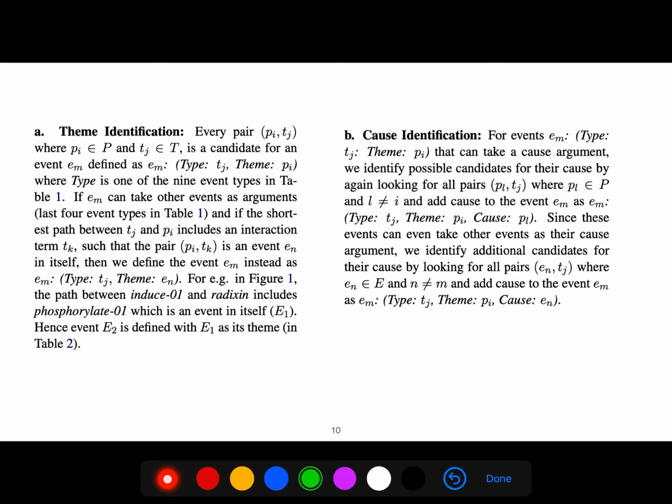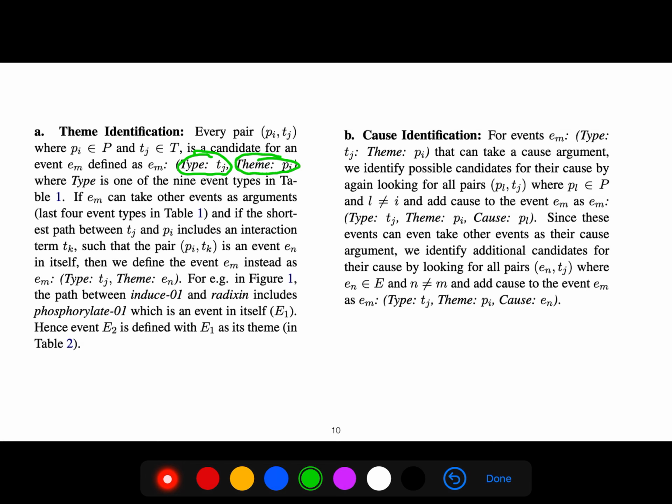So given P and T, we identify an event subgraph using the following two subprocesses. First, theme identification: every P sub i in P and T sub j in T is a candidate for an event E sub m, where the type is T sub j and the theme is P sub i. Type is one of the 9 event types in table 1 that I showed you.